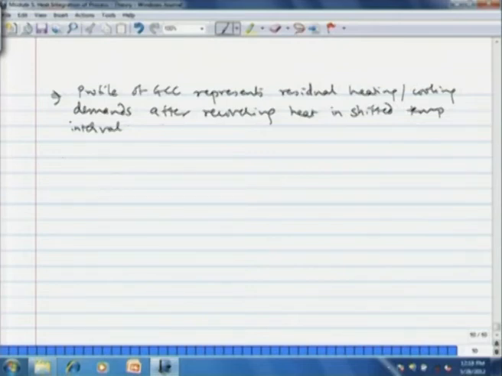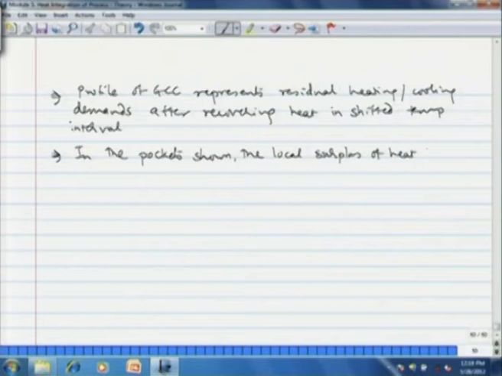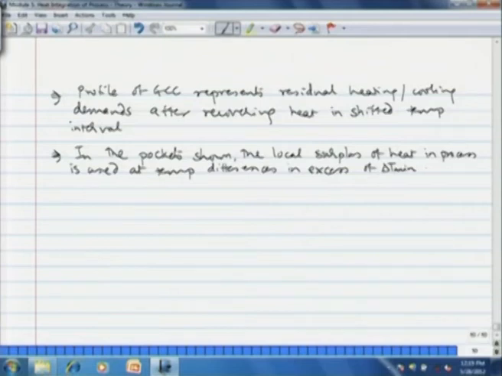And the local surplus of heat in the pockets shown, in process, is used at temperature differences in excess of delta T min to satisfy local deficit.